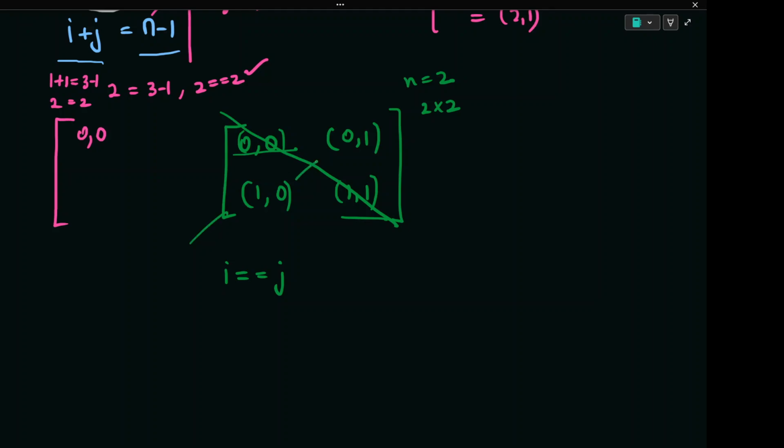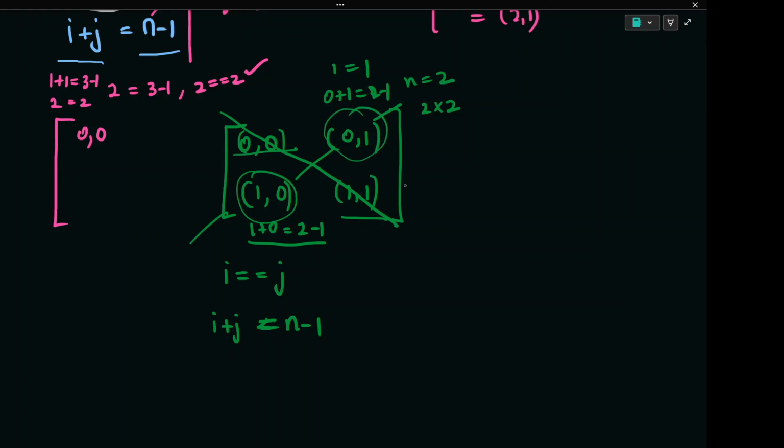Now on this diagonal, we know that i plus j should be equal to n minus 1. Let's check. 1 plus 0 is equal to 2 minus 1. Is it satisfying? Yes. 0 plus 1 is equal to 2 minus 1, satisfies. 1 is equal to 1 here also. Here also we satisfied.